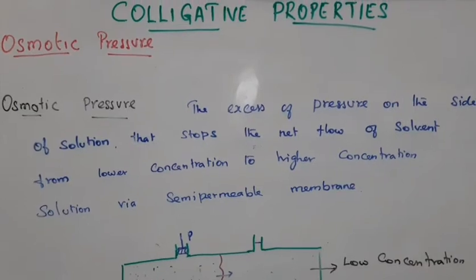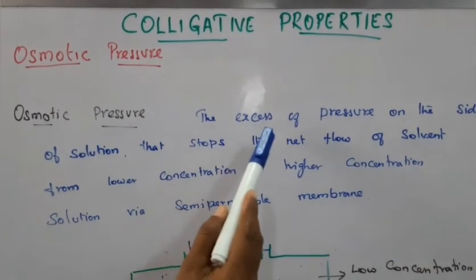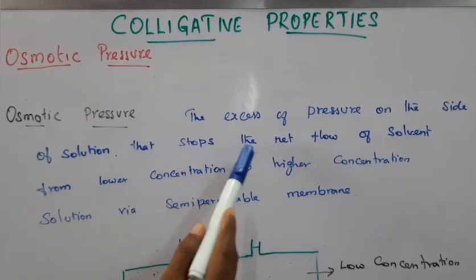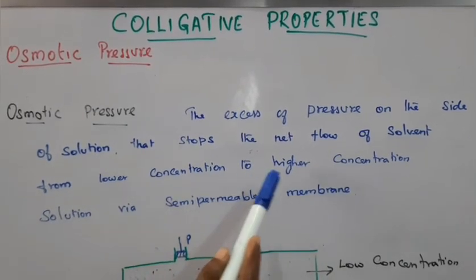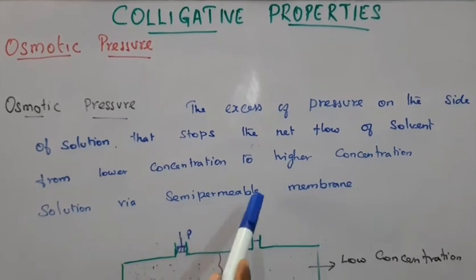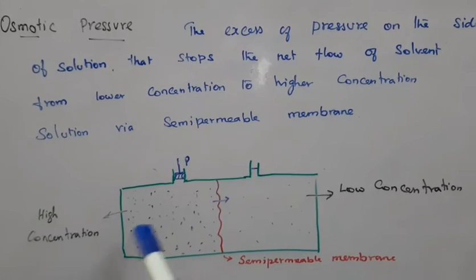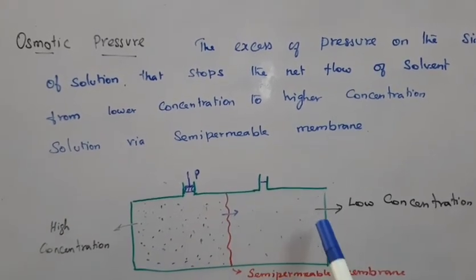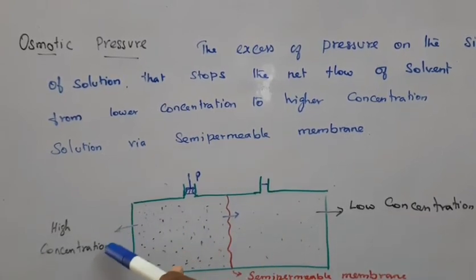What is meant by osmotic pressure? It is the excess pressure on the side of the solution that stops the net flow of solvent from the lower concentration to the higher concentration solution through a semi-permeable membrane. Before that we studied osmosis, where the solvent flows from low concentration to higher concentration.